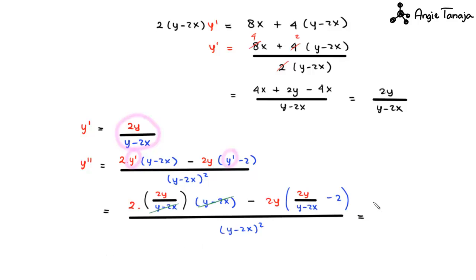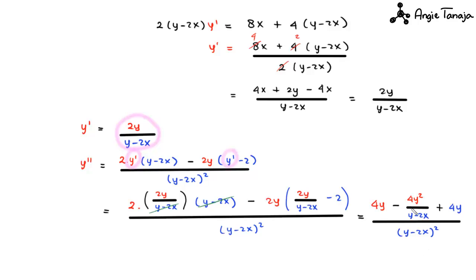So then it becomes, wait, let me put it here. It becomes 4y minus by 4y squared over by y minus 2x, right? Plus 4y over by, yeah, y minus 2x.